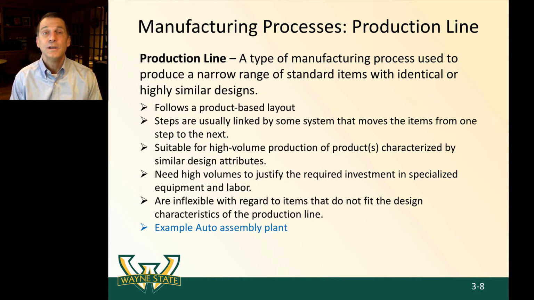So there could be a flexible system running on an assembly line, but these would have somewhat still similar attributes because the complexity of doing customization, really true high customization, doesn't lend itself to a production line. You need high volumes to justify huge investments in a major production line.